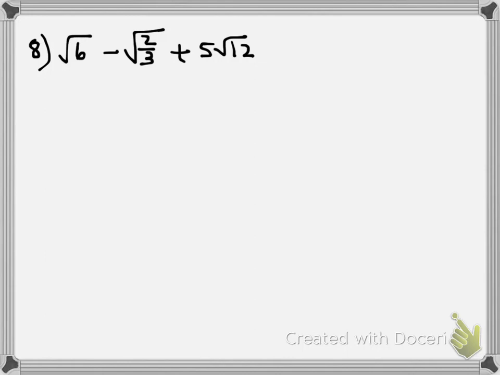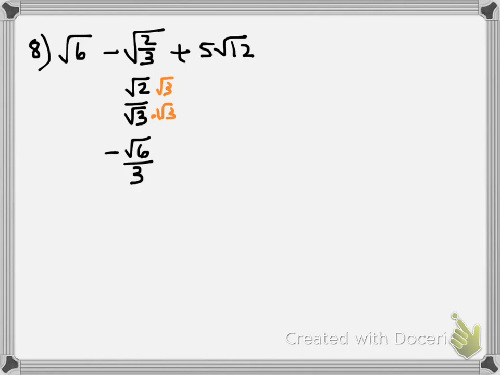So we're going to have to do some extra work. Can't leave a fraction, so we're going to try to do this part first. How are we going to rationalize that denominator? Multiply top and bottom by radical 3. So then this gives me a negative radical 6 over 3.